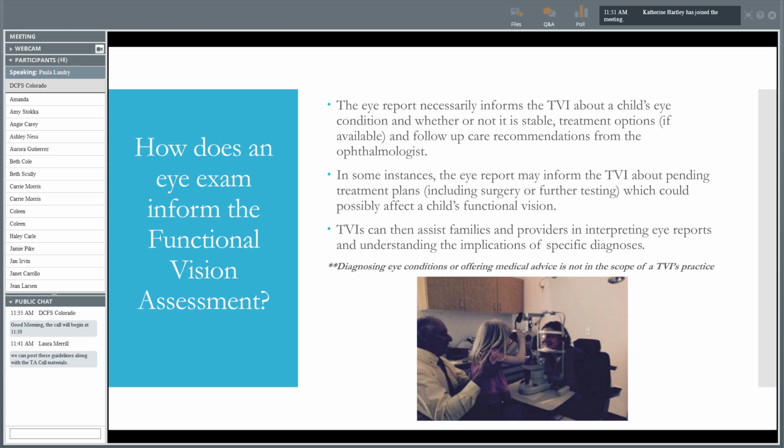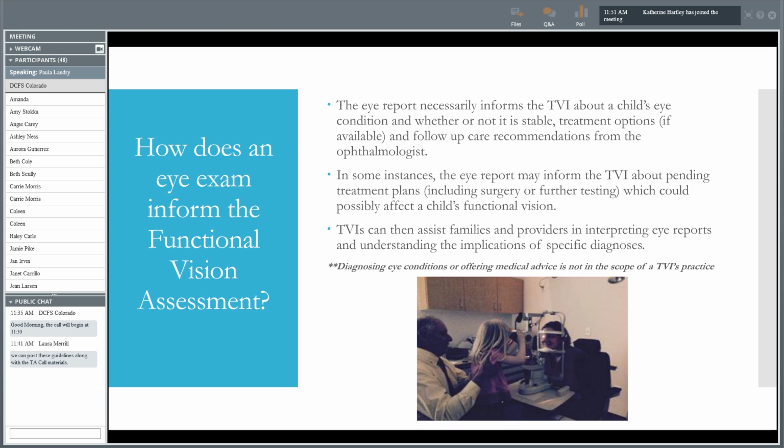For a child who has albinism, for instance, we know that they usually have pretty good vision. We usually consider them to be low vision learners who may just need large print or magnification as they start reading later in life. There's typically not a lot of other developmental delays that go along with it, though there's the exception to the rule on that.